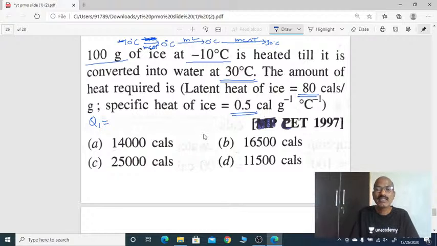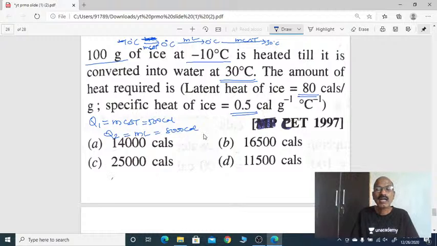First, Q1 is the heat required to change ice from minus 10 degrees Celsius to 0 degrees Celsius. Using mc delta T, you will get 500 calories. Next, Q2, from ice at 0 degrees Celsius into water at 0 degrees Celsius, is ml, the latent heat. You will get 8000 calories.